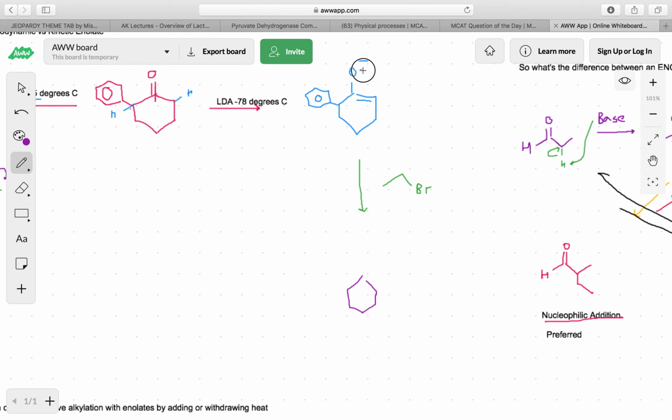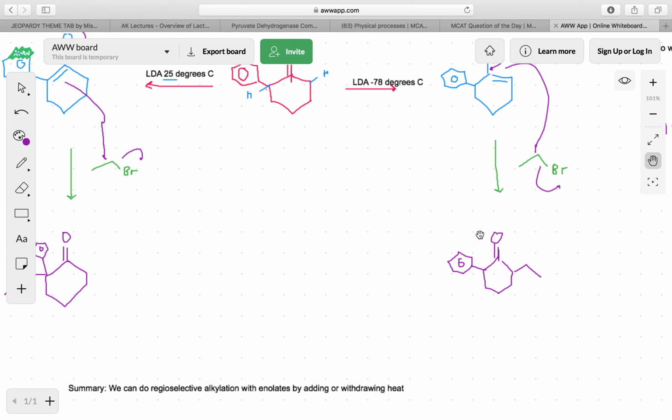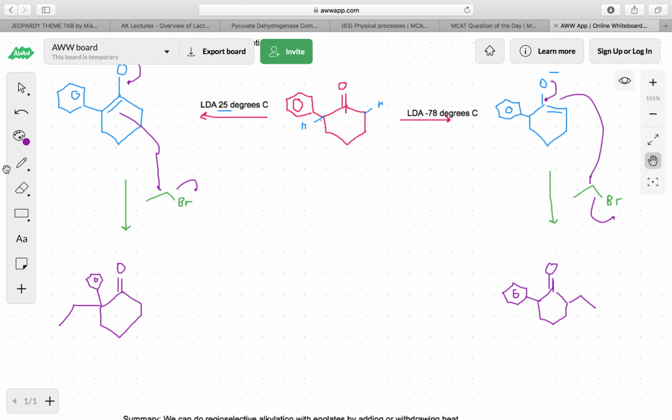Our O- is going to come down, and this pi bond is going to come here, attack this electrophile, and kick off the bromine. So these should be your two products. This is going to be your thermodynamic product, and this is going to be your kinetic product.